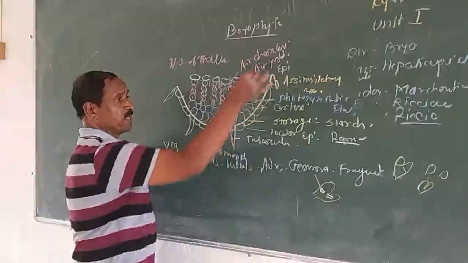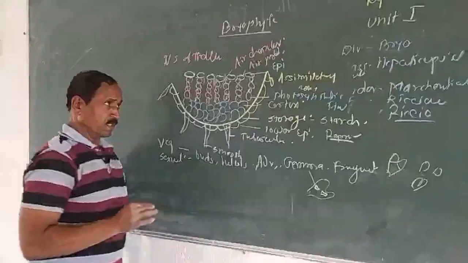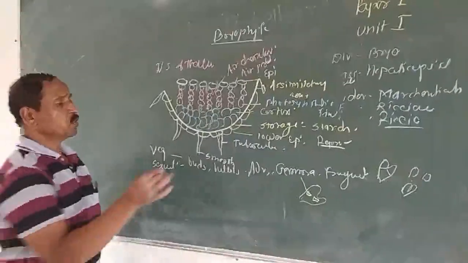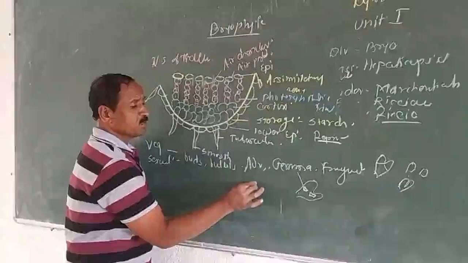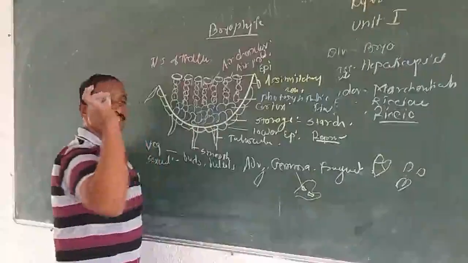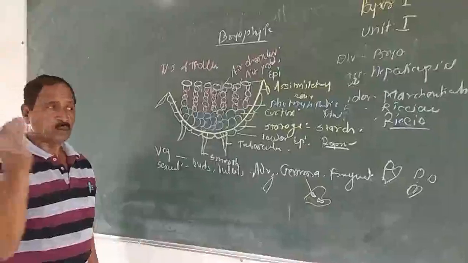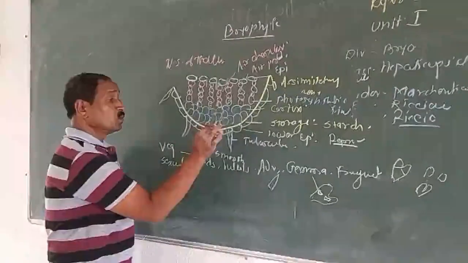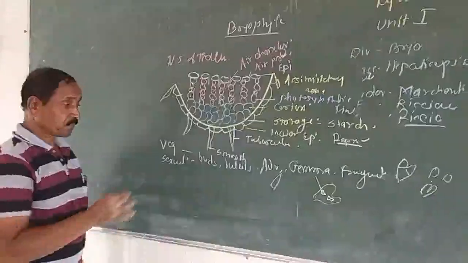Then adventitious branches, here in a TS we see that the adventitious branches, when separated from the thallus, produce the new thallus of the Riccia.